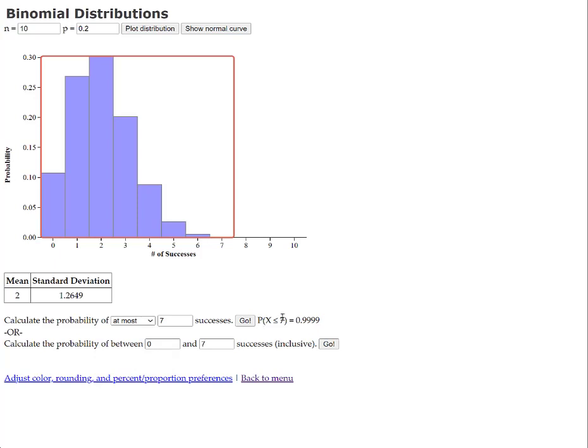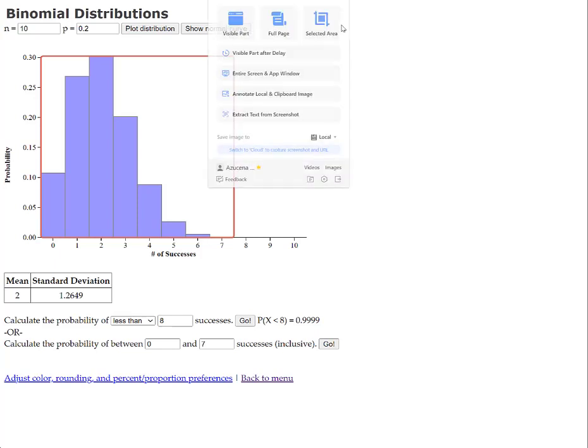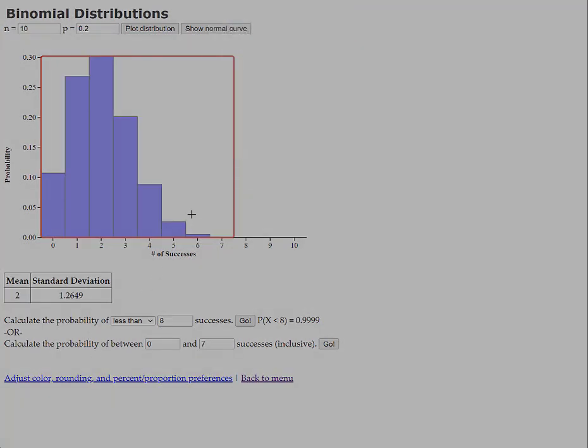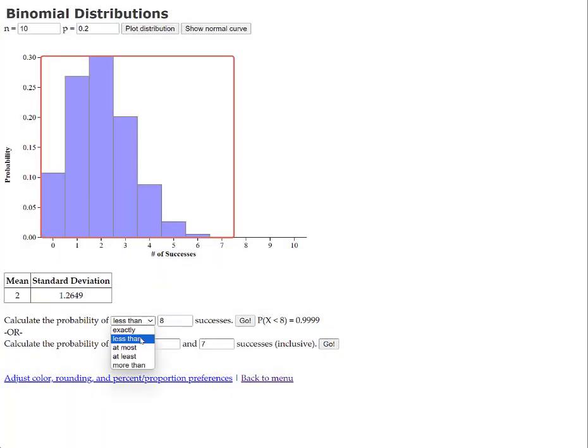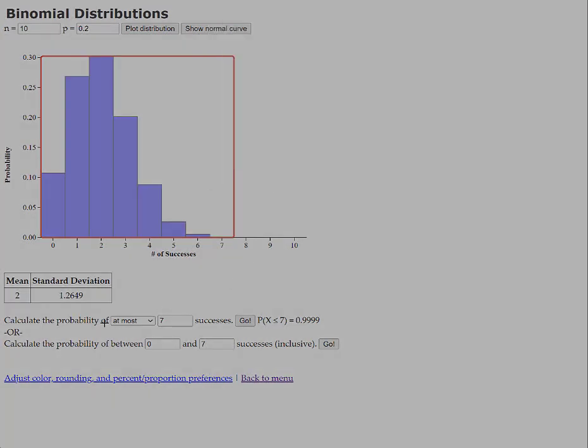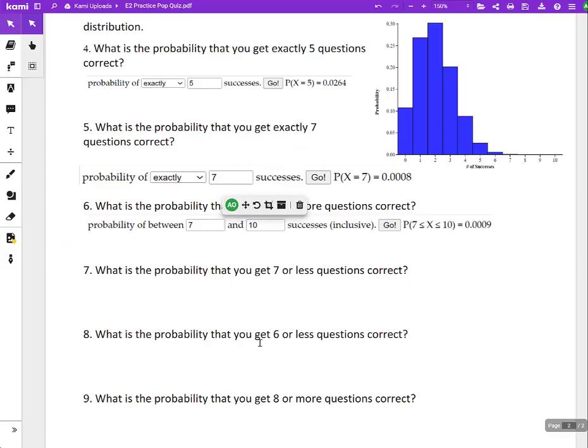It'll give you the proper probability notation, because if I said less than 8, you're going to find out the notation changes to match the appropriate symbol. Actually, I don't want less than 8. I'd rather have at most 7. It doesn't really matter. There are a couple of different ways to do that. So let's go ahead: probability of at most 7. That's one way to answer this.